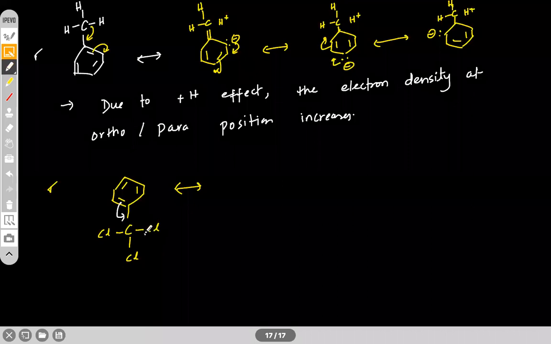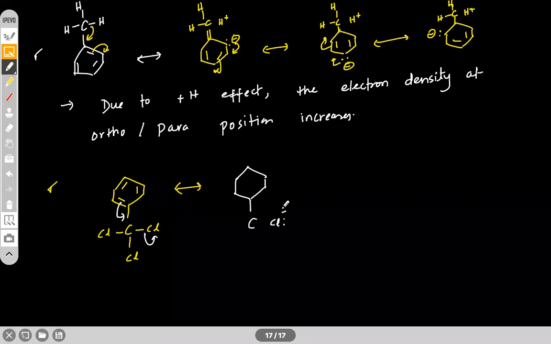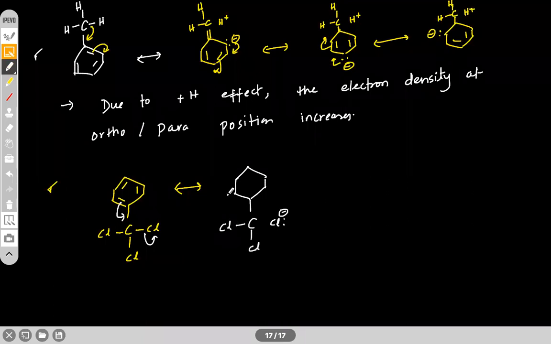This comes over here and this goes on to this chlorine. So the structure that we draw here is this. Negative Cl, Cl, and here we have the positive charge. Then you draw the resonating structure.